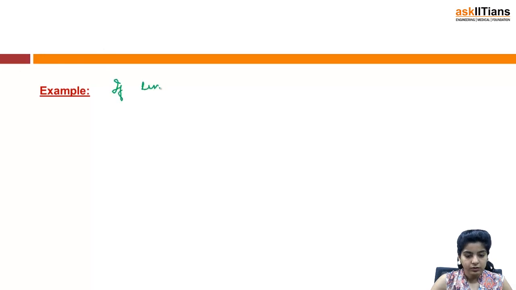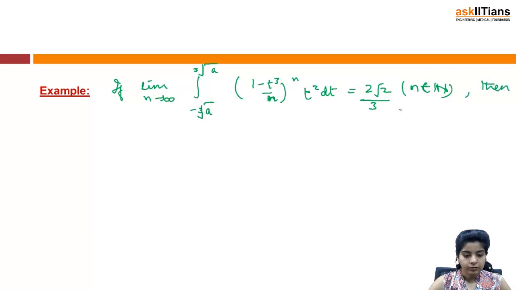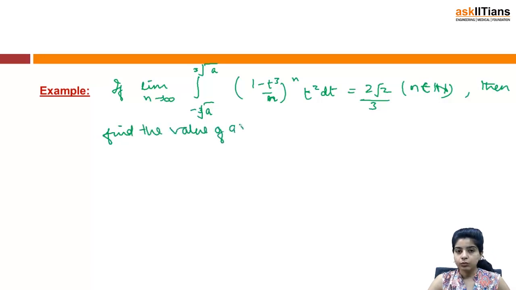Suppose I have a question of the form: if the limit as n tends to infinity of the integral from minus cube root of a to cube root of a of (1 minus t cube by n) raised to n, times t square dt, is equal to 2 root 2 by 3, where n belongs to N, then find the value of a. So this is what is given to us, we need to find out the value of a.